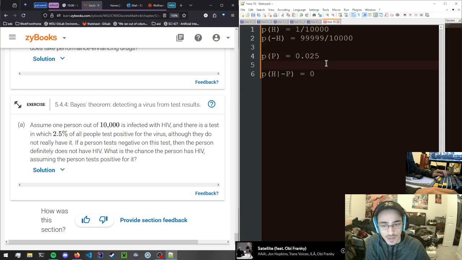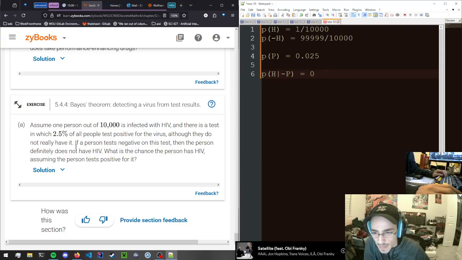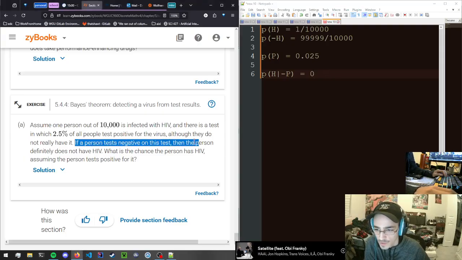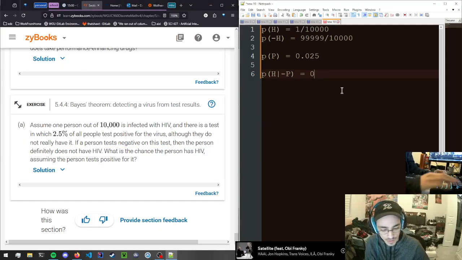But that doesn't help. So if a person tests negative, then the person definitely does not have HIV. So they want, what is the chance they have it, assuming they test positive?